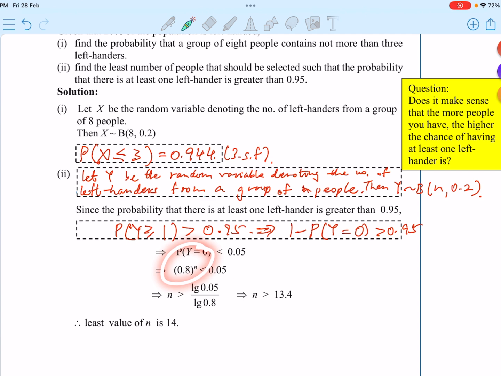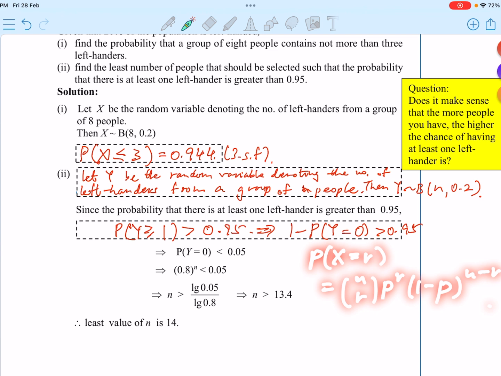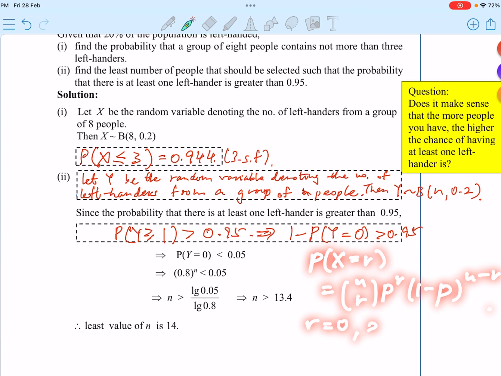Probability of X taking the value of r is given by this equation. You know that your r here is 0, and your p is 0.2.